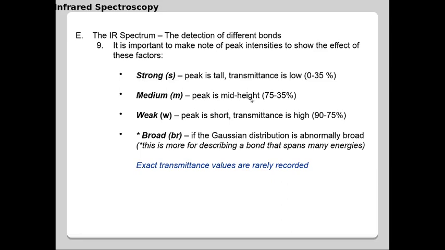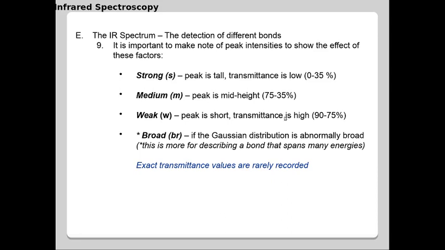And if the transmittance of the peaks is in the range of 75 to 35 percent, the peaks absorb the IR radiation to some medium extent. Such peaks have medium intensity or medium peak height, so they are represented by the small letter m, which stands for medium.